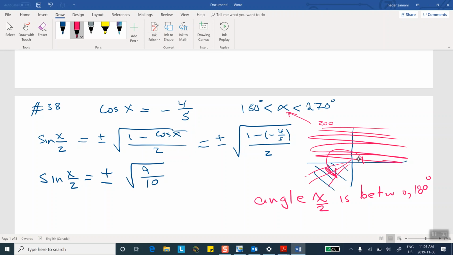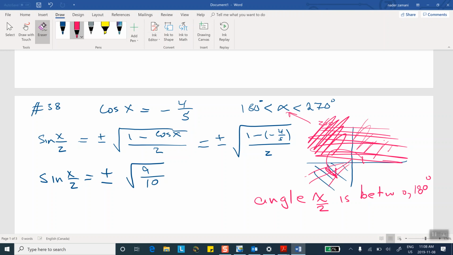The sine of half the angle is going to end up either in this quadrant or that quadrant. As a matter of fact, you'll never end up here. You only end up in this quadrant.